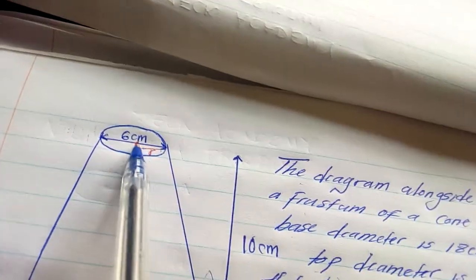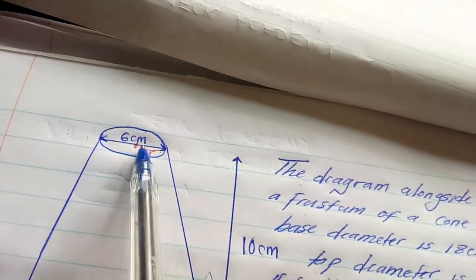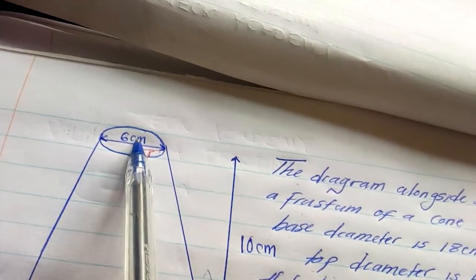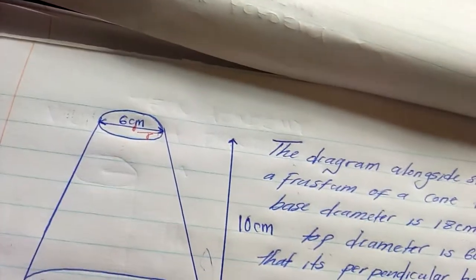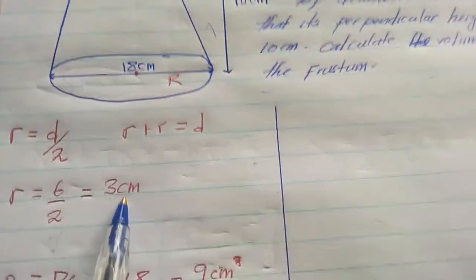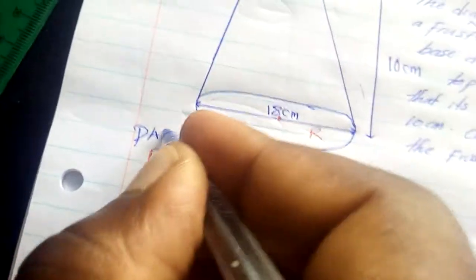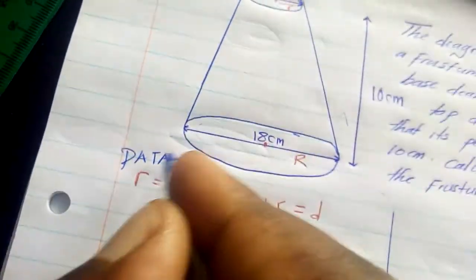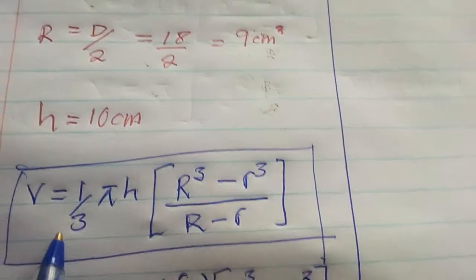So the first thing is we converted from diameter to radius by dividing by 2, and we also converted from diameter to radius by dividing by 2. Here we got 3 centimeters, and when we simplified this, we got 9 centimeters. Remember the height given was this, so this was our data given. So since this was our data, we use the formula.